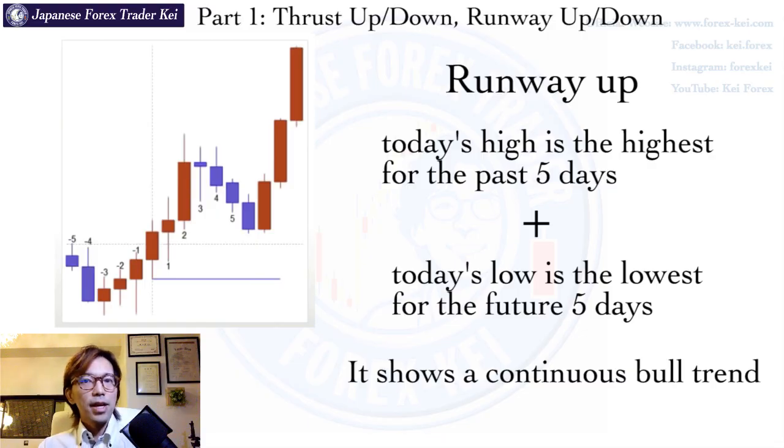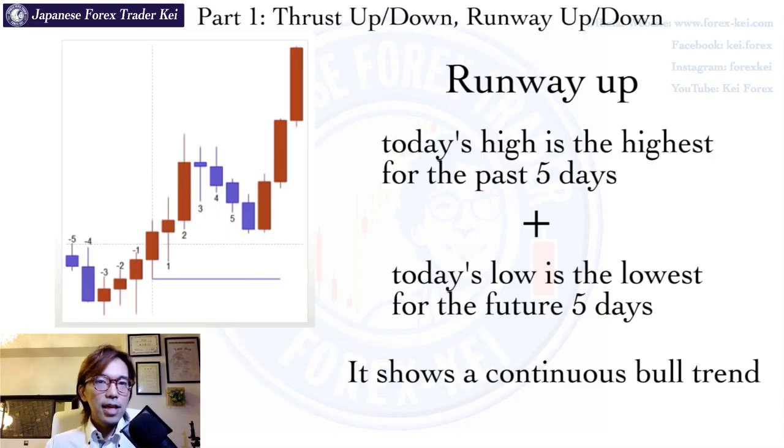So when you see a candle renewing the high for the past 5 days, you notice that it might become a runway up. After observing 5 candles later and confirming that the low did not break this candle downwards, you know that this candlestick was a candle that did runway up, and you can expect that the bull trend is continuously strong.